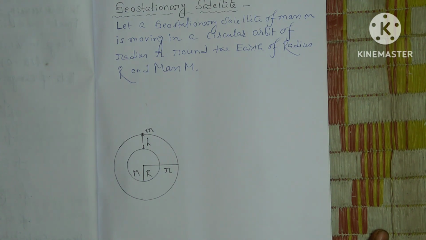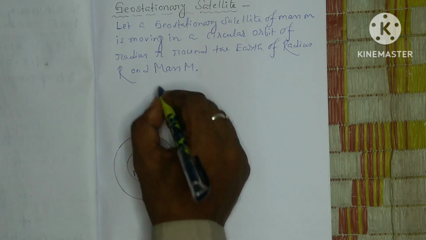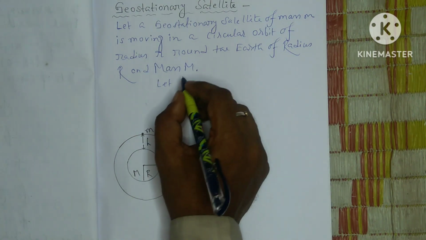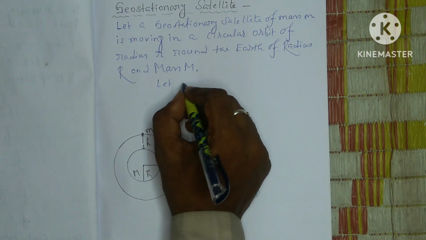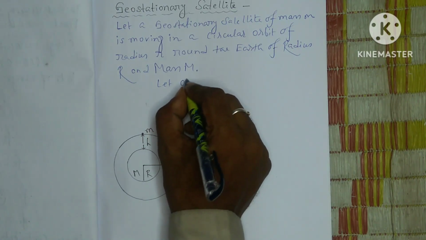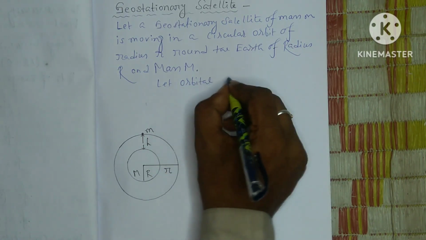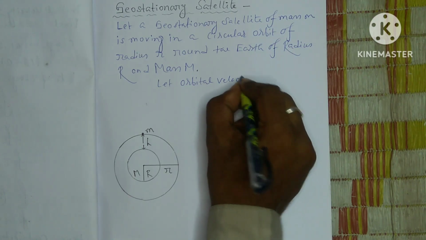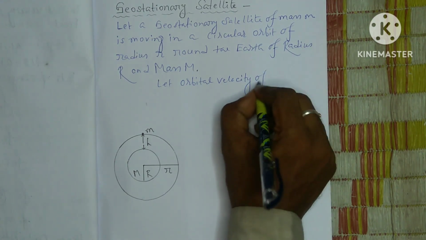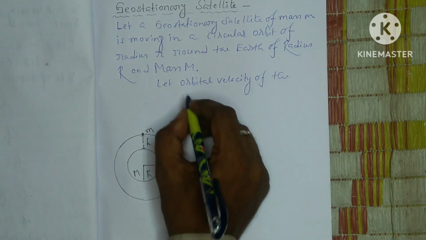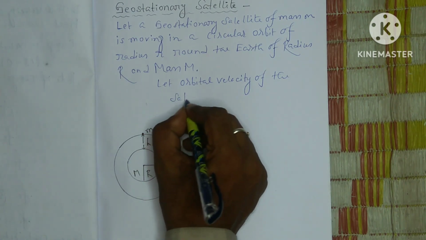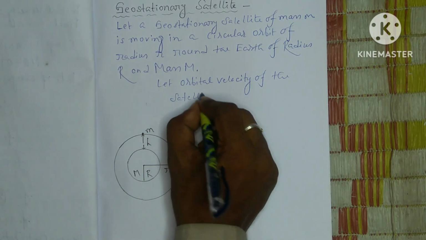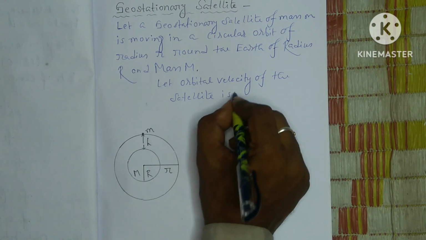So let the orbital velocity of the satellite be v.